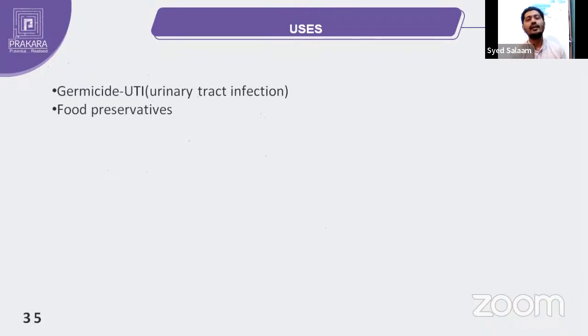You might see in various shopping malls that you have packs arranged, and the foods have this benzoic acid added. Due to this, the shelf life increases and the food won't get oxidized easily. So that is why benzoic acid is used as a food preservative.